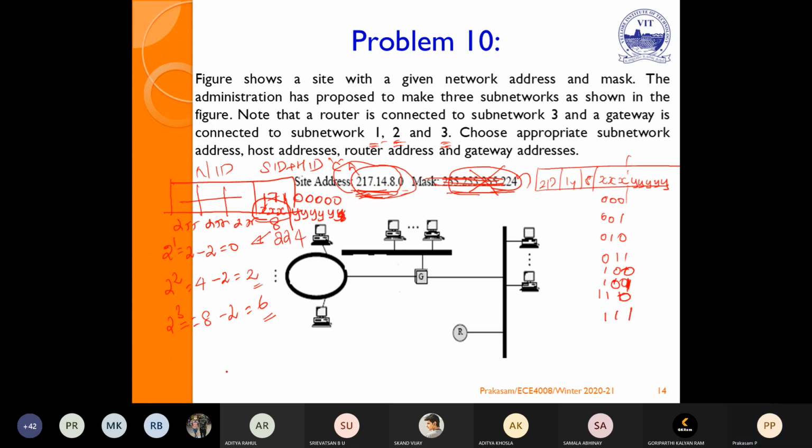The remaining bits for the subnet are 0.